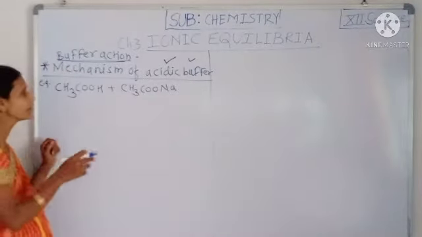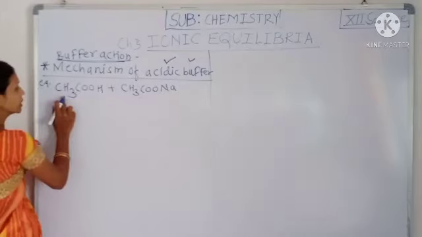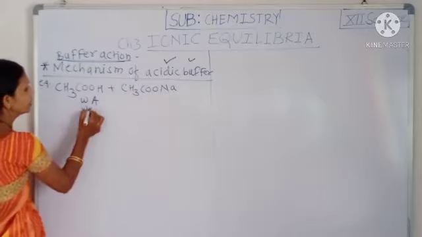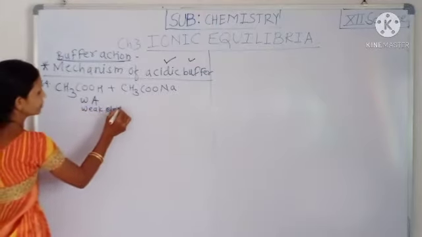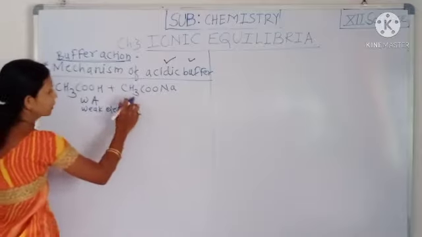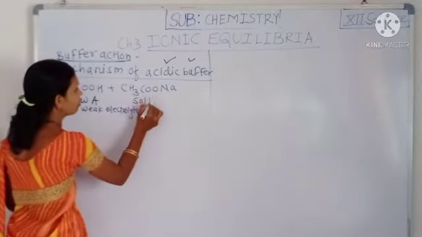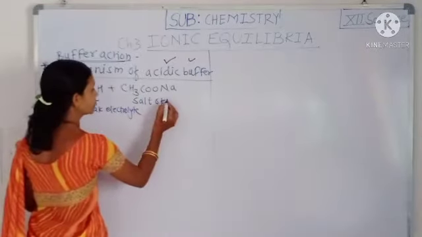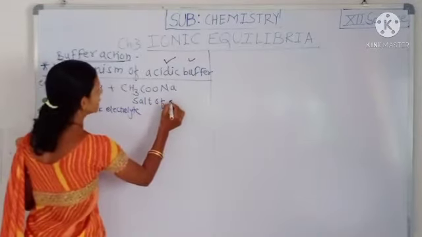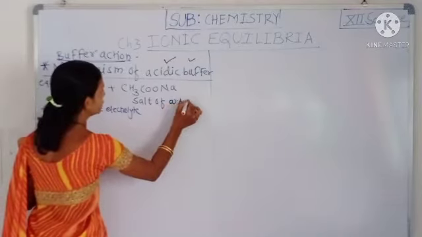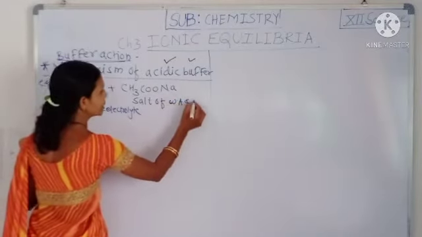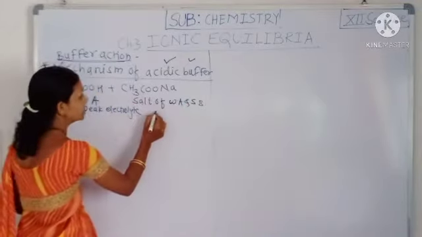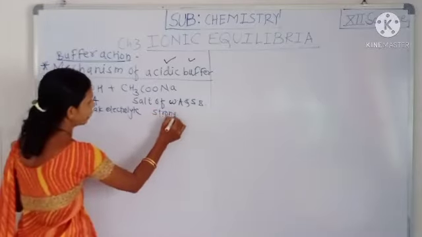In this buffer, CH3COOH is a weak acid, that is, a weak electrolyte, and sodium acetate is a salt of acetic acid, a weak acid, and NaOH, a strong base. Therefore it is a strong electrolyte.